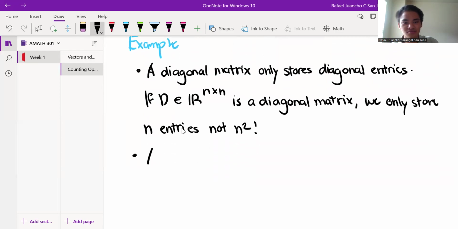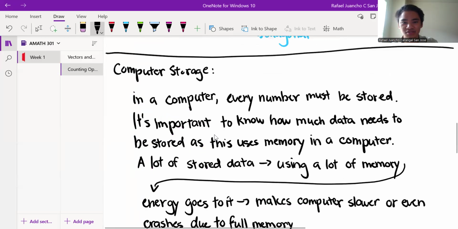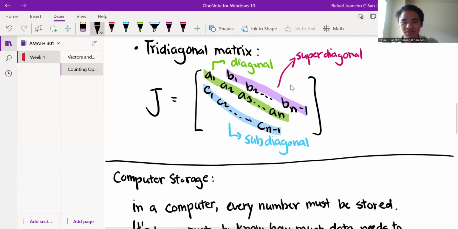Maybe we can look at a tri-diagonal matrix, another one of our special matrix types. So for a tri-diagonal matrix, how many entries can we store there? Let's see. A tri-diagonal matrix is this thing right here.